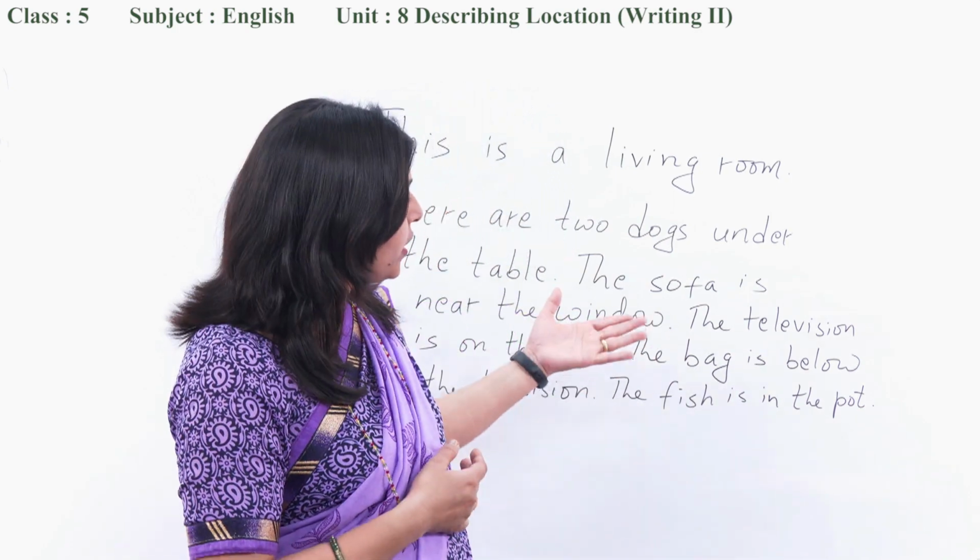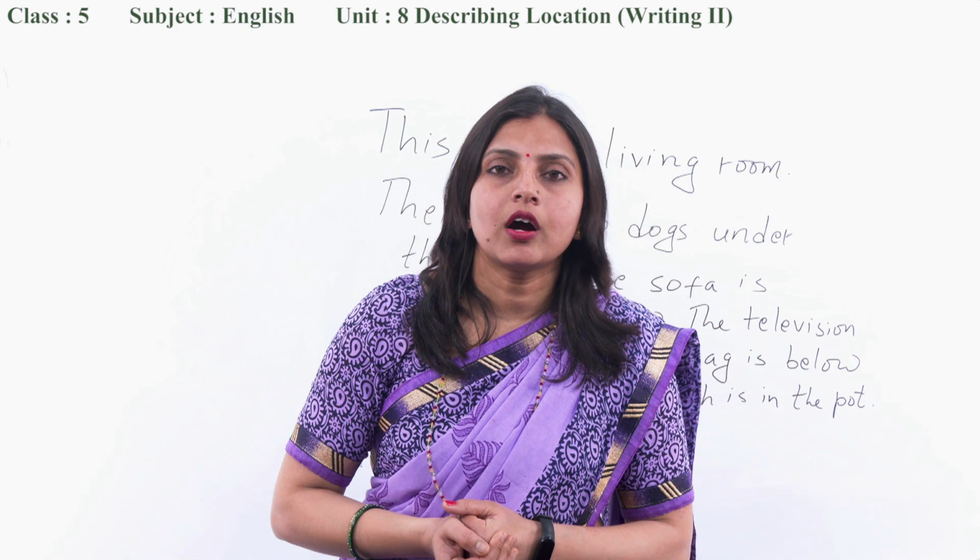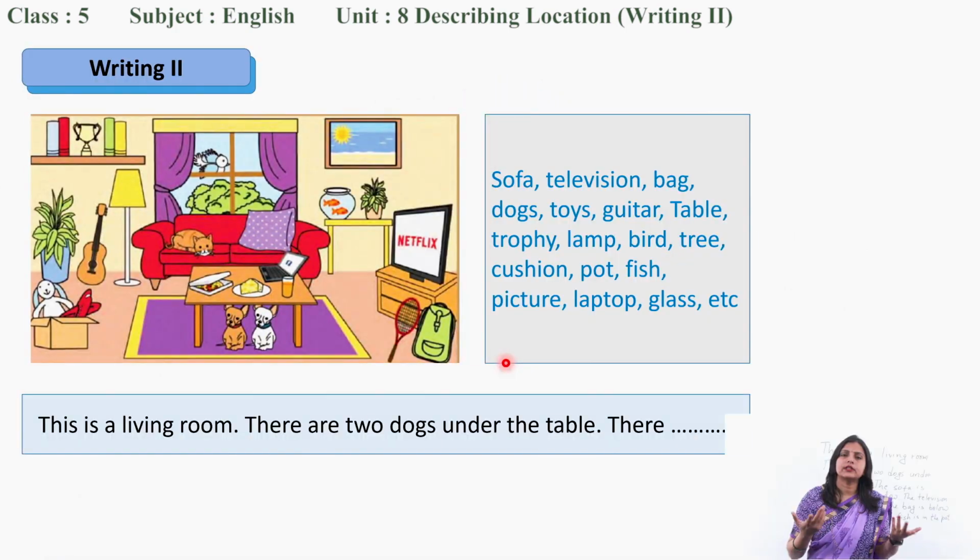Like I have included here television, sofa, right? You can include more other things, like you can say the trophy. The trophy is between the books on the bookshelf. Okay, you can say the vase is on the table beside the pot.